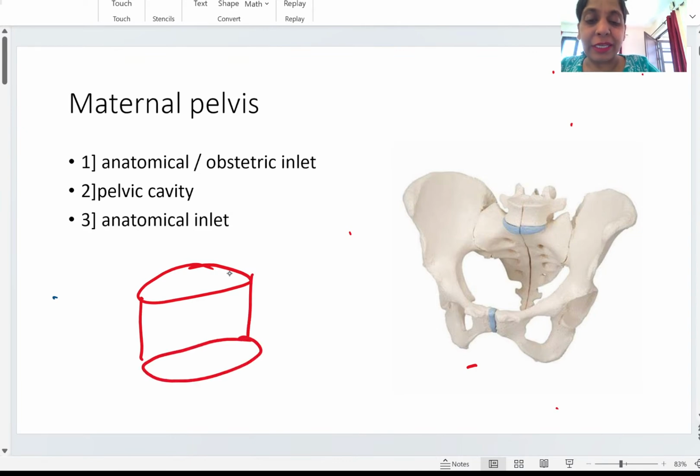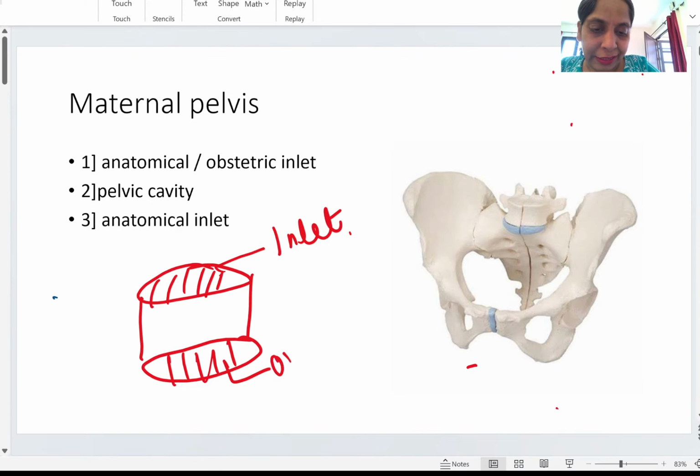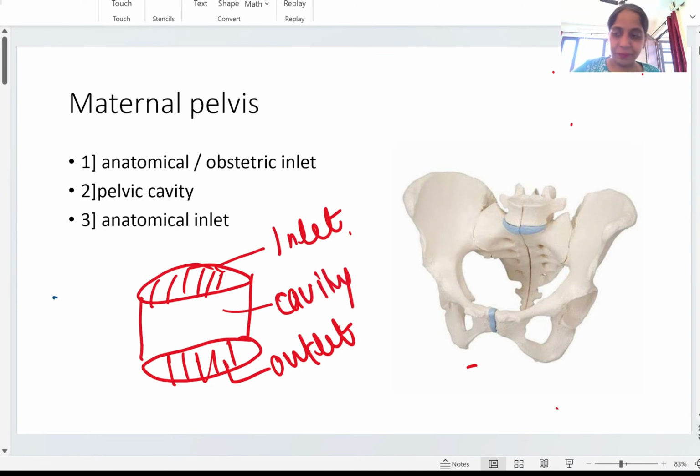This upper one is the inlet, and this lower one is the outlet, and in between is the cavity. Is it okay?